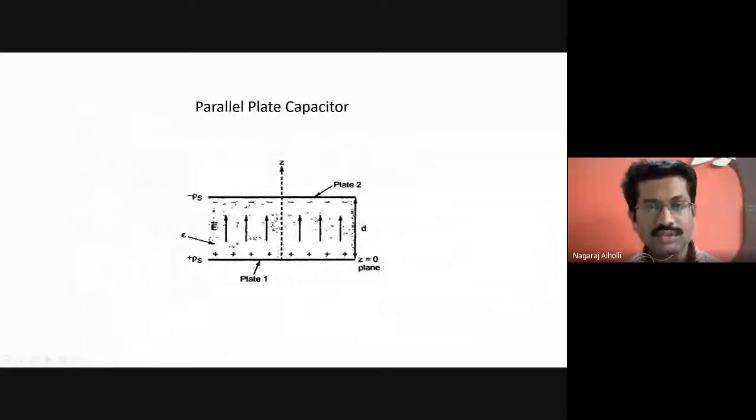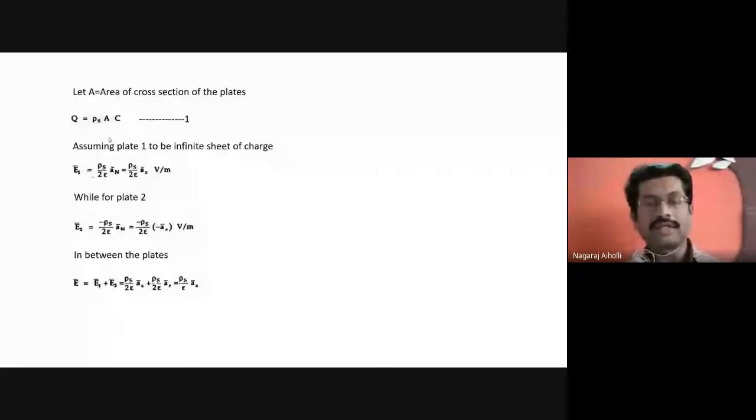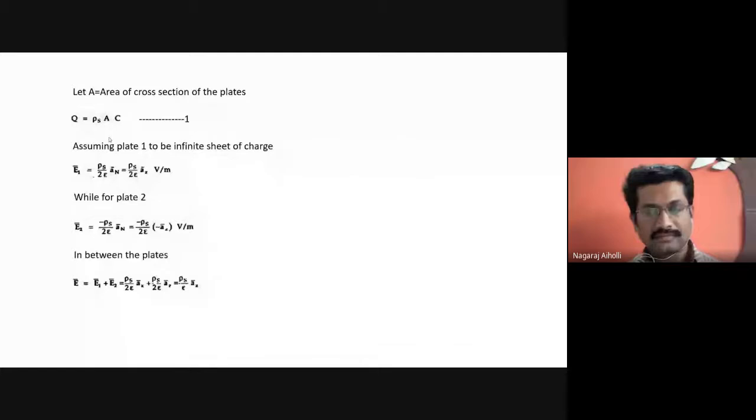If so, then the charge is given by the equation. We know the equation for surface charge density, rho s. What is the equation for surface charge density, students? How to define surface charge density? Charge per unit length? No, that is the line charge density.